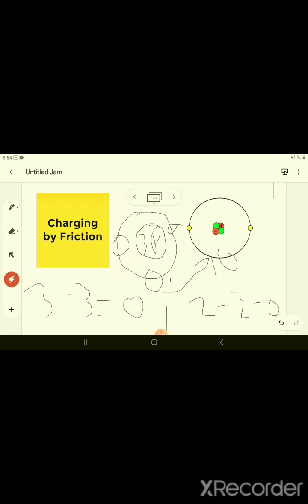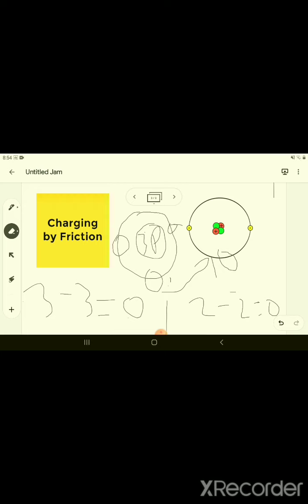Over here now we have a different setup in terms of the number of protons and electrons on each atom. On this side, we still have 3 protons represented by positive 3.